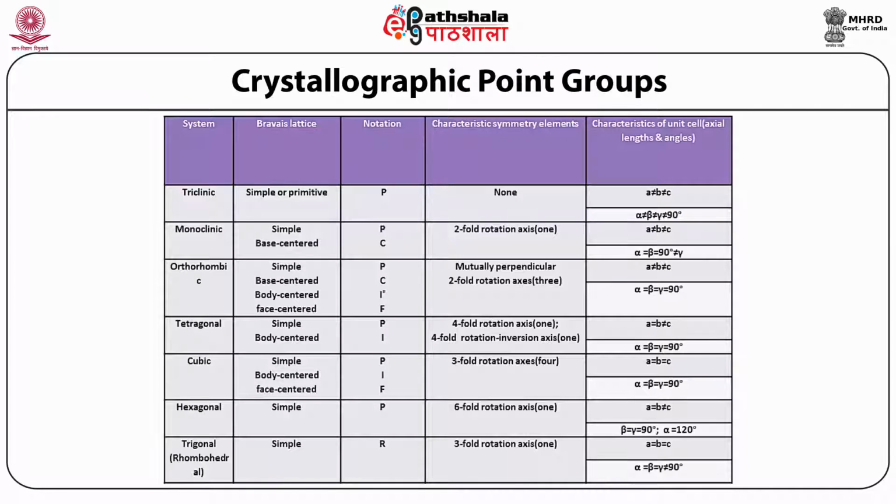Characteristics of unit cells are A is equal to B is not equal to C. The axial angles alpha is equal to beta is equal to gamma is equal to 90 degrees.